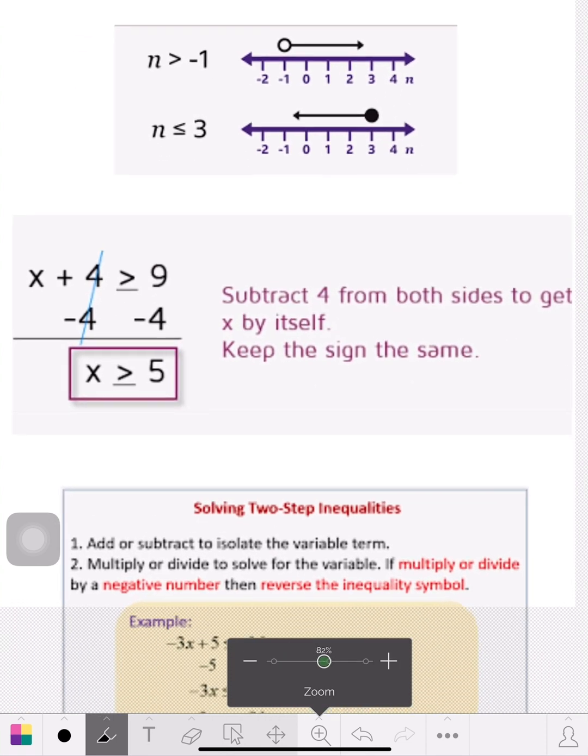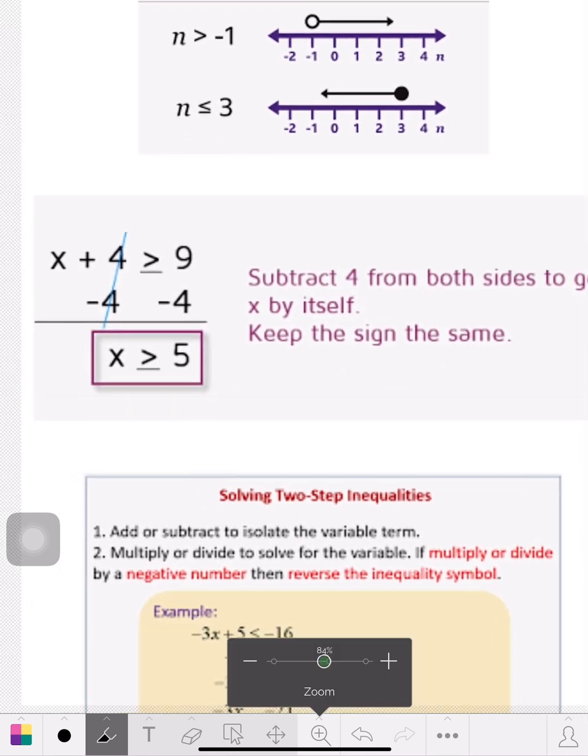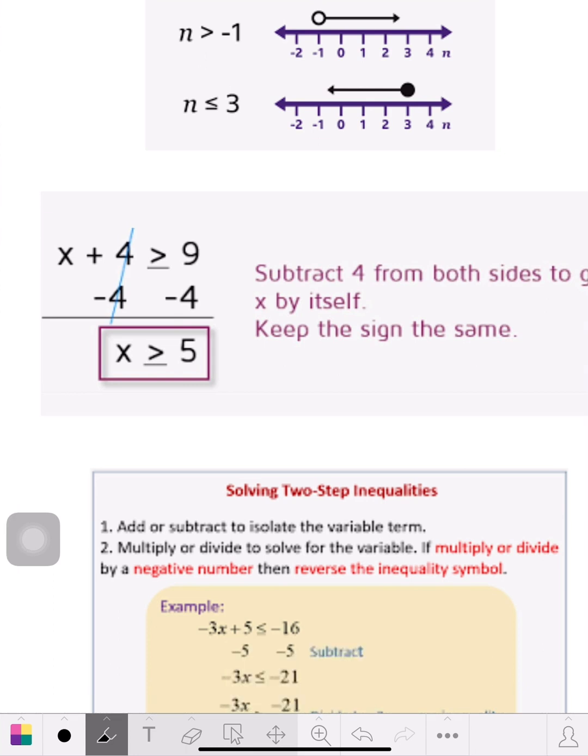Then underneath, I put another example, and now this is like a one-step equation. So you get x plus 4 is greater than or equal to 9, okay? Now, this is the same way as before when you had the equal sign, you just have a greater than or equal to. So you do the same thing.